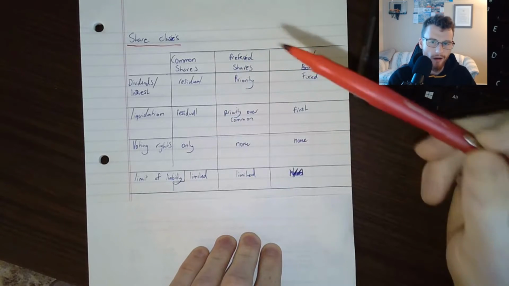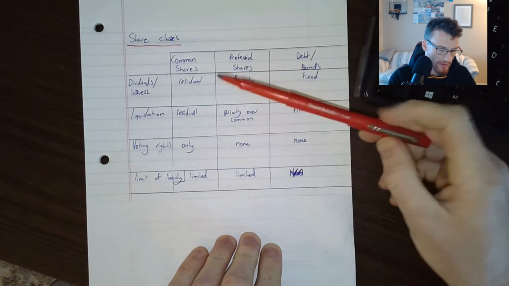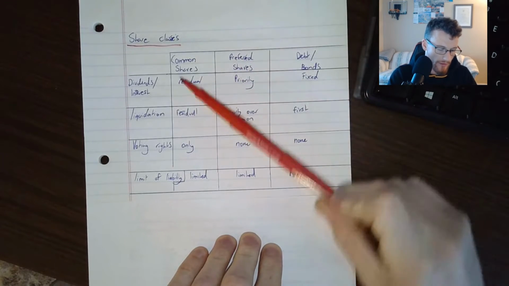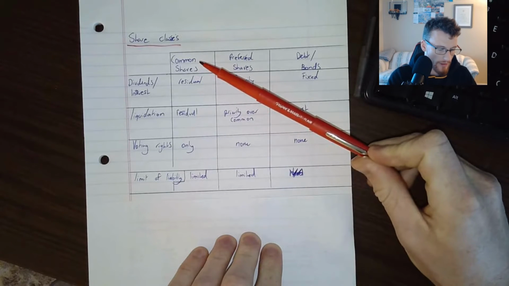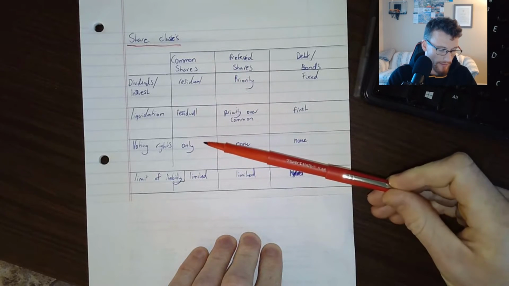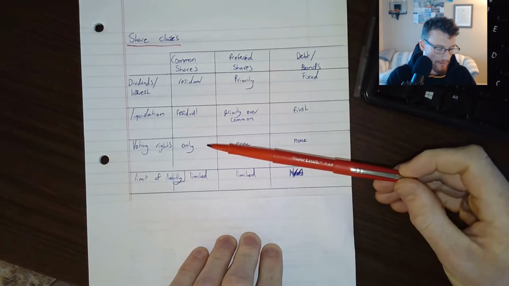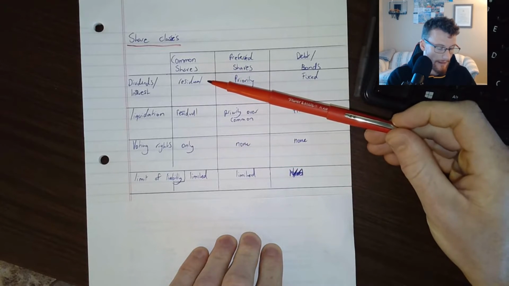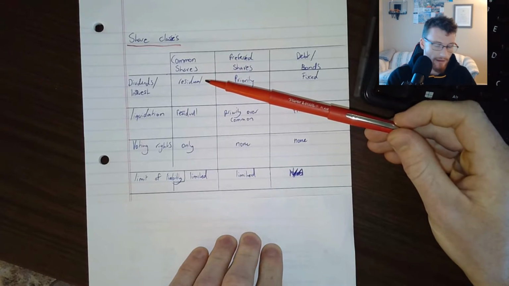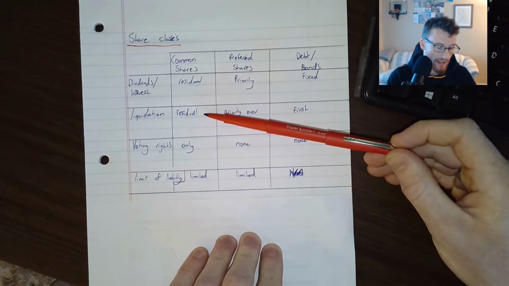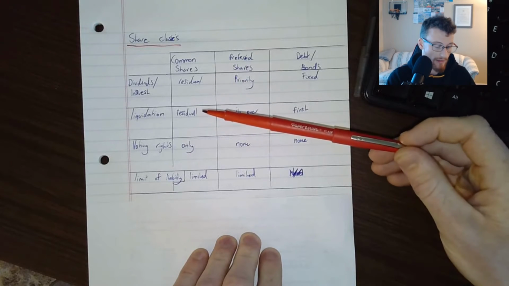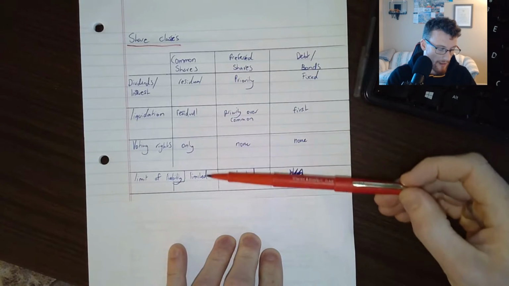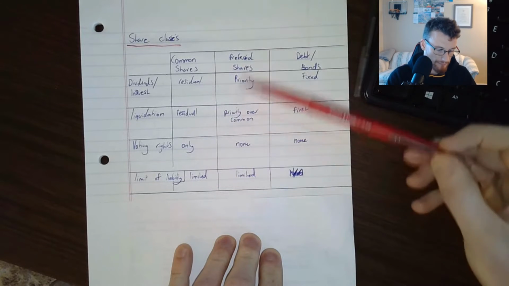What most of us probably learned in school was that there's common shares which have voting rights, and the only ones that have voting rights, they get the residual dividends. Liquidation, they get the residual whatever's left under liquidation, and they have a limited liability.